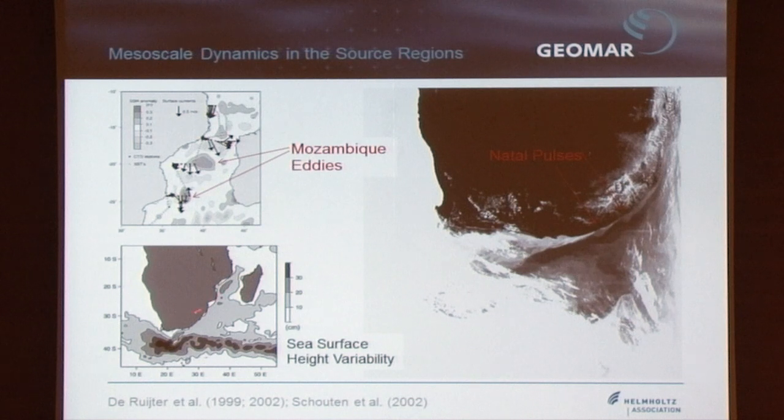These eddies flow towards the Agulhas, merge with eddies east of Madagascar, and in a very complicated process, by pulsating, meandering effects, they strongly interact with the Agulhas current. They shift the Agulhas current up to 100 or even 200 kilometers offshore, and cause disruptions on its way to the south.